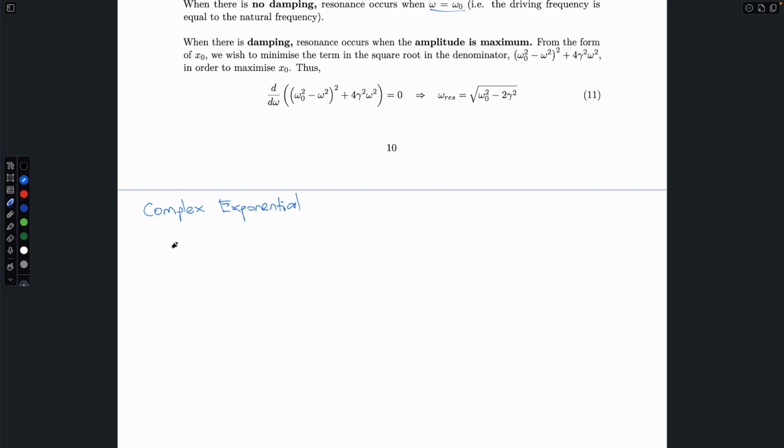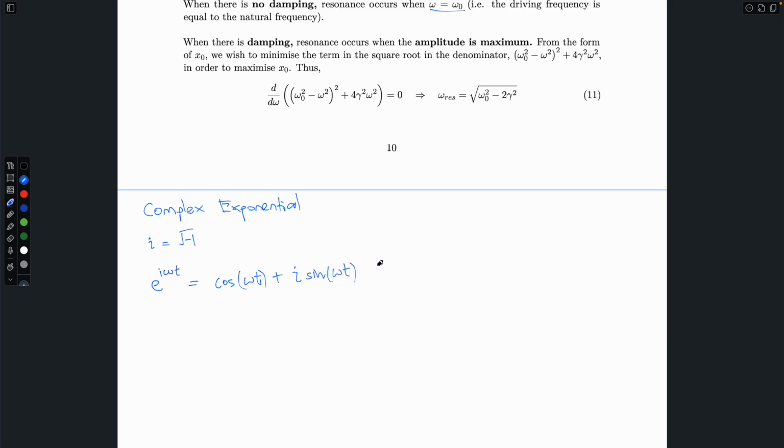So if you guys haven't learned what this is yet, first there's the imaginary number. The imaginary number is square root negative 1. You guys will probably know this. But more importantly, if you write an imaginary exponential, e to the power of i omega t, this actually equals cosine omega t plus i sine omega t.